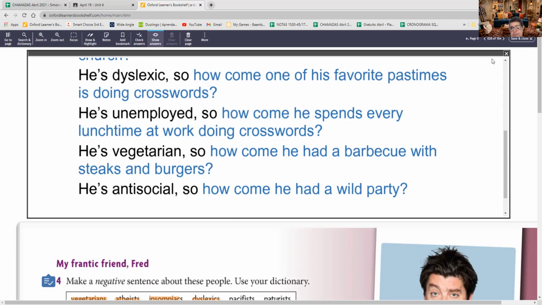Okay. Teacher, what is the meaning of a wild party? Let's see. Does anybody know? What does a wild party mean?